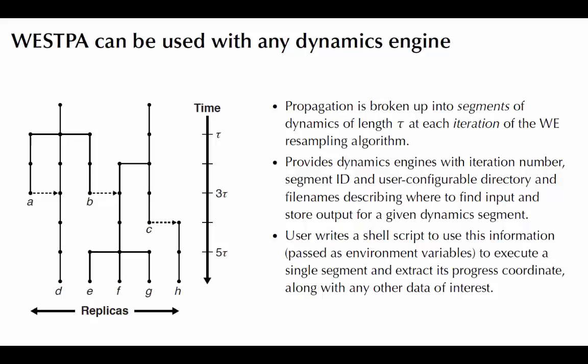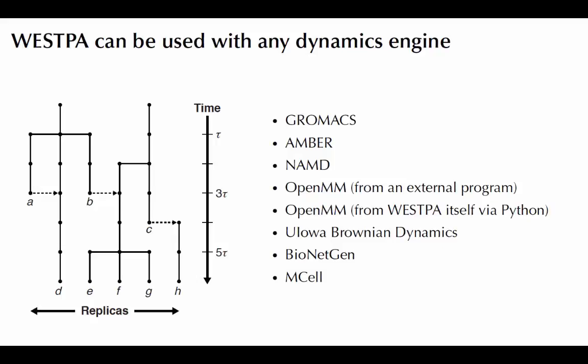To give you an idea of how well this has worked, we've done this with GROMACS, AMBER, NAMD, and OpenMM, in two different ways: both loose coupling, where we call an external program as if it were GROMACS, AMBER, or NAMD, and also tight coupling, inside Python itself, to reduce whatever overhead we can of starting and stopping the dynamics.